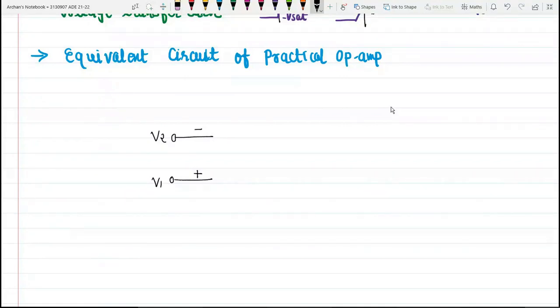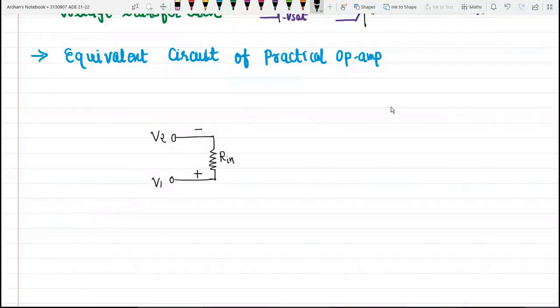Between terminals 1 and 2 there must be a very high value of impedance, and we call it Rin. Ideally its value should be infinite, and practically we should have a very high value of this Rin.